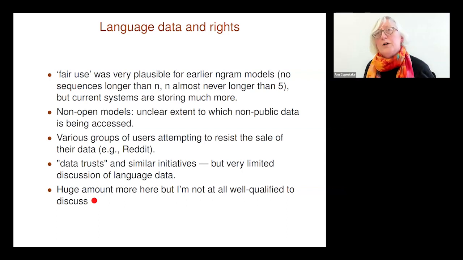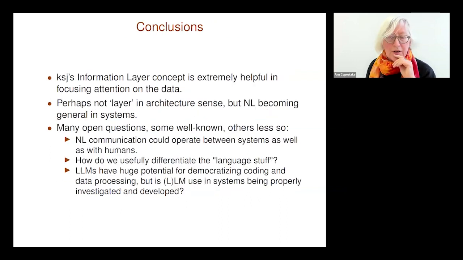There's quite a lot of work on data trusts and similar initiatives about what you do with, say, patient data. How can you make use of that in a fair and reasonable way? But they've hardly talked about language data at all. And I hope that there's people listening to this who are much better qualified to talk about this than I am.